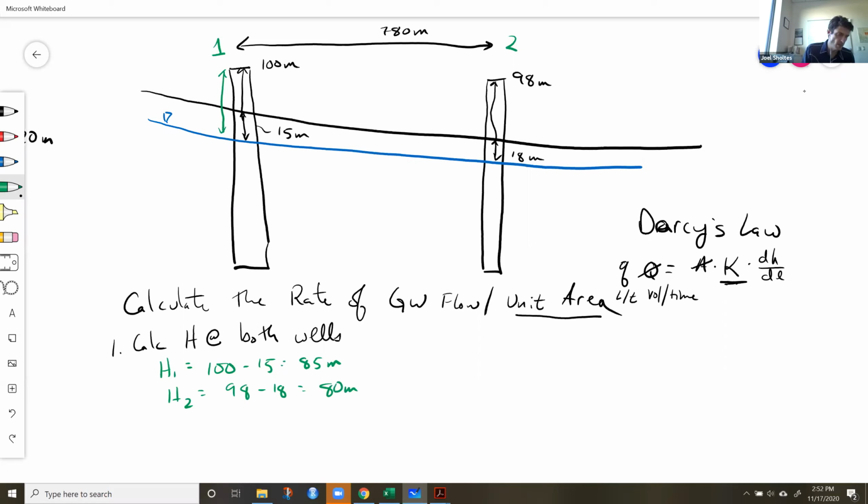So these are our two H's, and then we can go delta H over delta L to get our hydraulic gradient, which is equal to 85 minus 80 divided by 780, all in meters, and that is going to be equal to 0.0064. So that's our gradient.